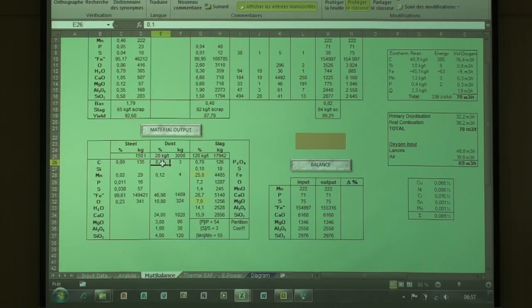So this is a typical analysis from this dust. You see, this is constant. Of course, you don't have silicon. You may have a little bit of MnO, so I put it here as Mn. And here the oxygen is related to the Fe and Mn.